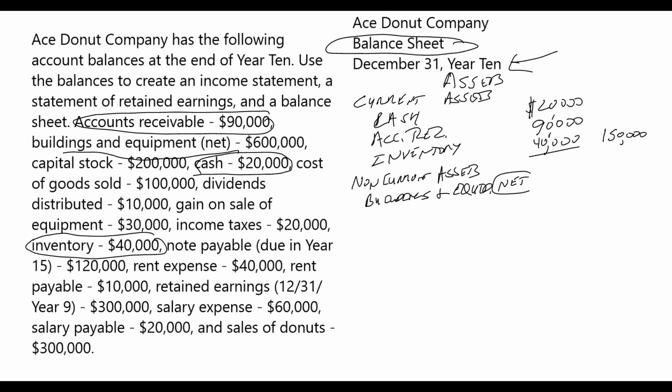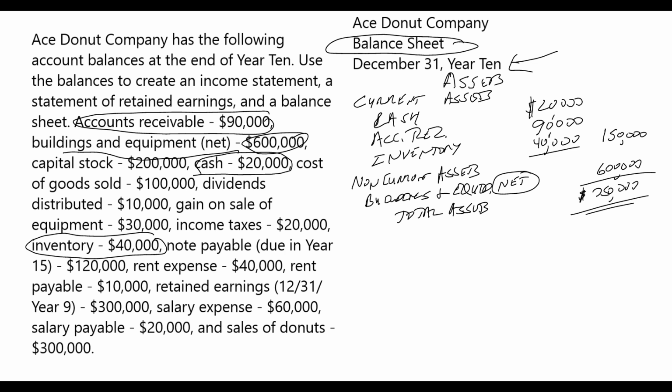We'll talk about that net number in a later chapter. I just want to put it in there because it is correct to have the number as a net number. They have $600,000 in buildings and equipment. This company has total assets of $750,000.